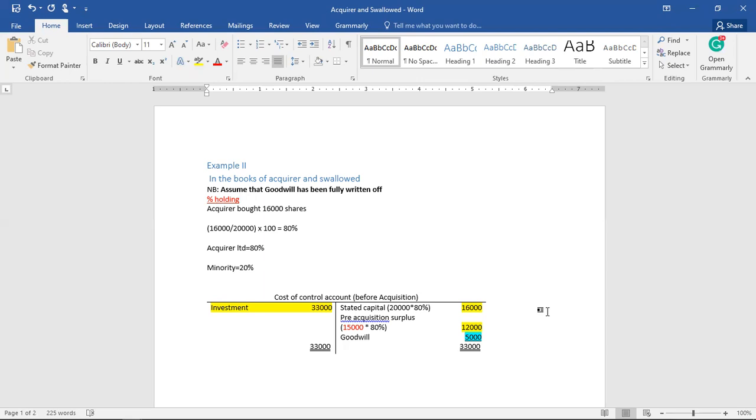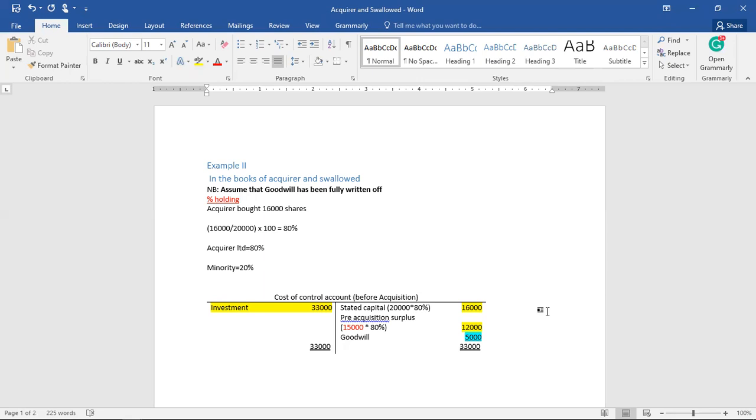But the additional information, the one in the handouts, acquirer purchased 16,000 of the 20,000 shares issued by Swallowed. By the assignment, you purchased 19,000 out of the 20,000, and I think that one there shouldn't be a big deal for you. You know what to do with it.